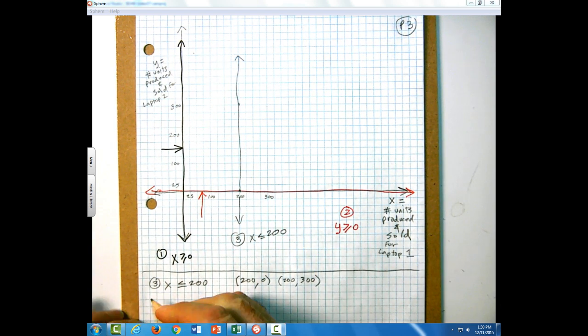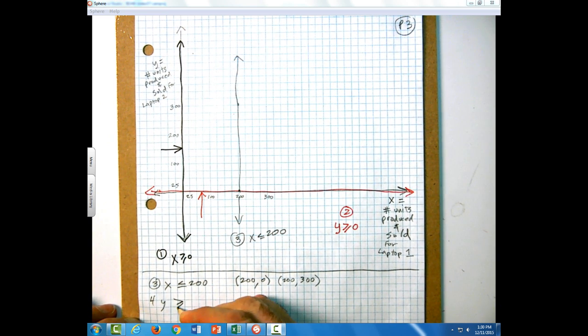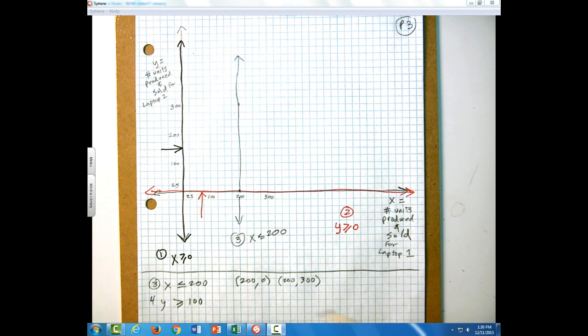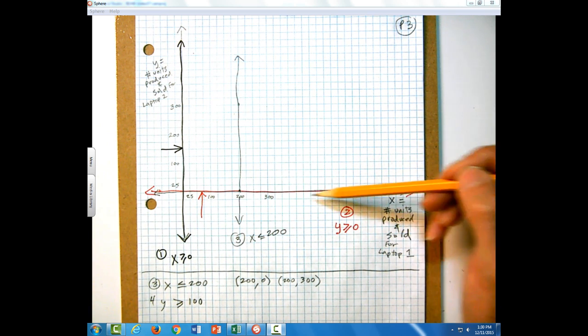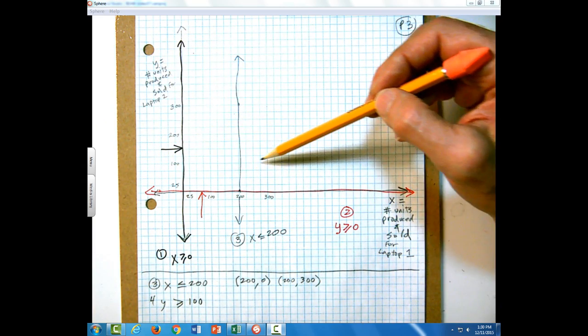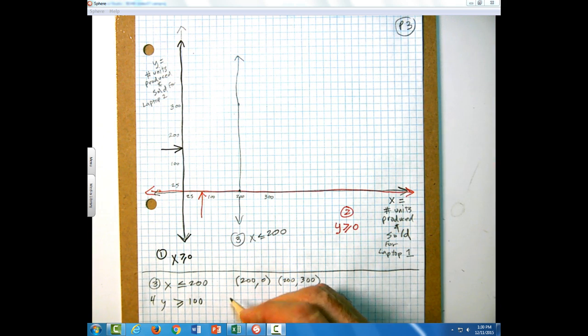Now equation number 4 is y, and this was a min, so y has to be greater than or equal to 100. Now again, that's why we don't need this red line here, because if y is 100 at every single x, then it's a horizontal line. I don't really need to have points here, but I'll put the points.